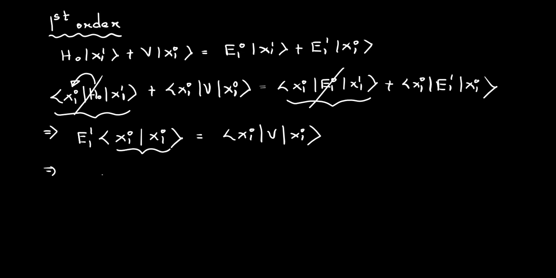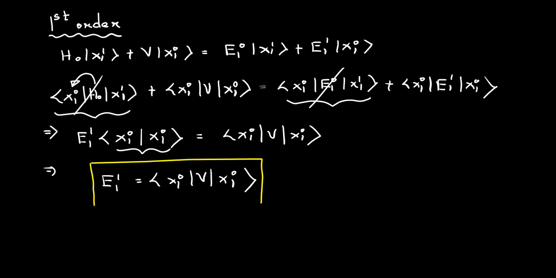So what is the first order correction in the eigenenergy? It looks like this: x10 v x10. This is the most general term that we can calculate for this two level system.